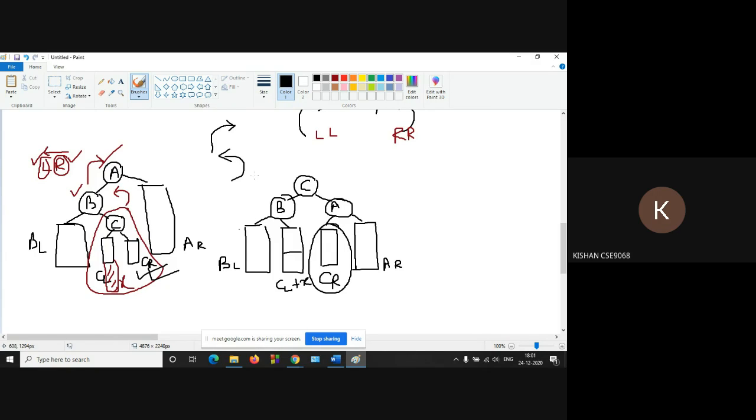So first we are rotating C and B, and then we are again rotating C and A. Yes, two steps. First of all, see your C node, you have to apply RR rotation. Next, again at the intermediate position of C, you have to apply the LL rotation.